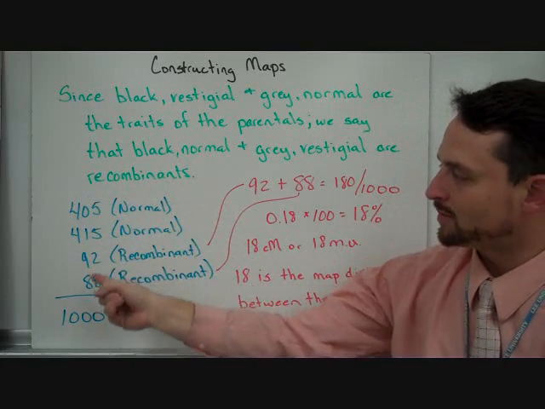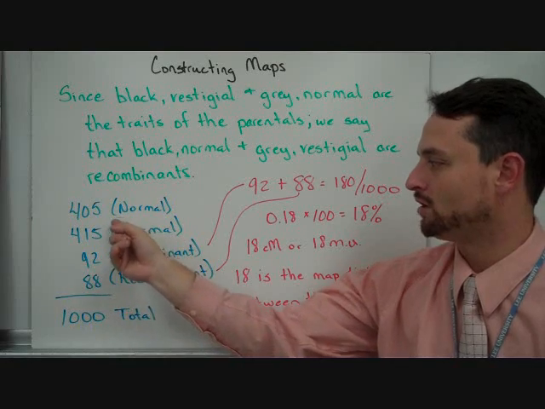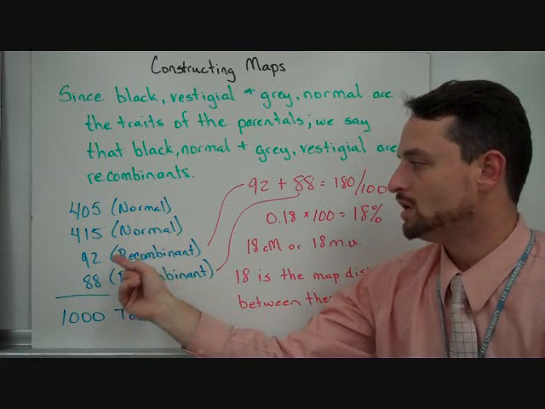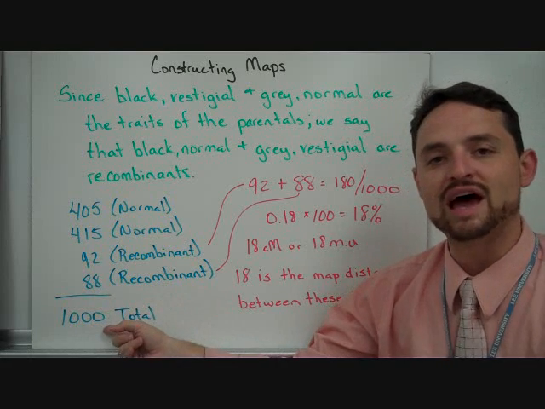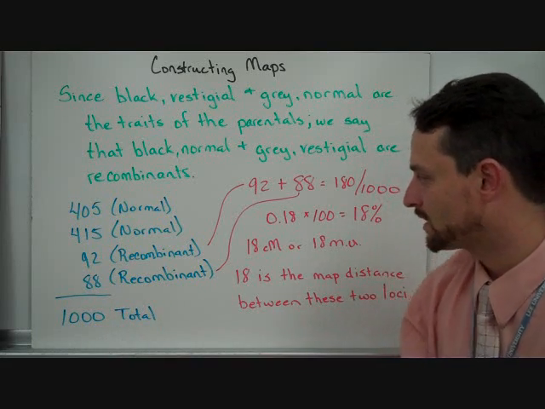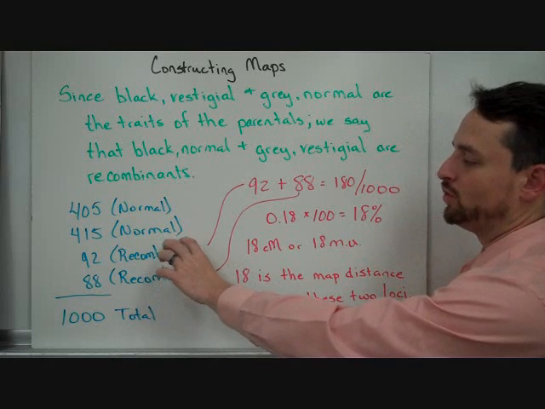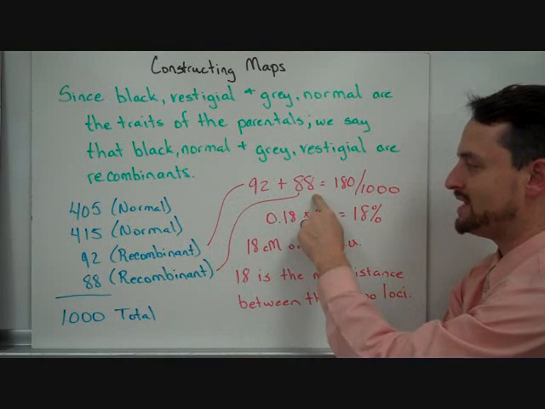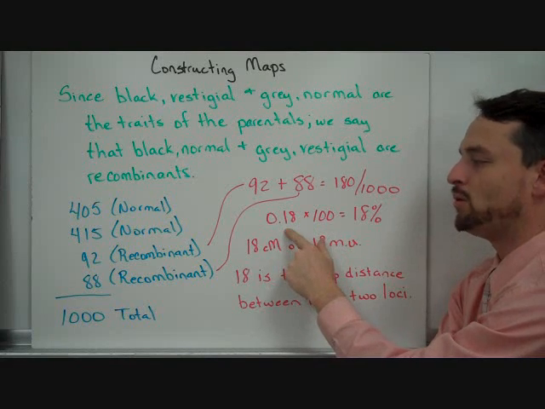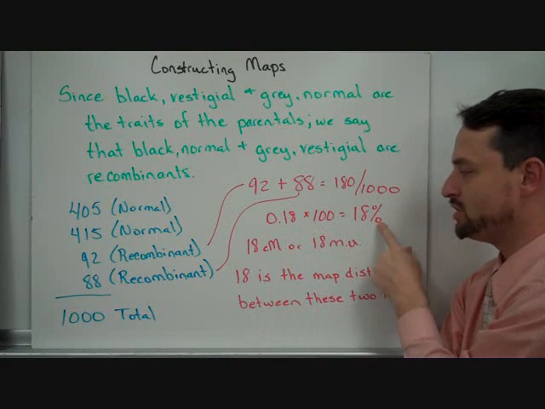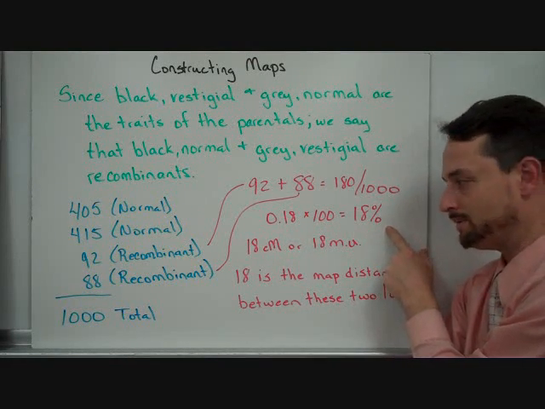In the experiment, I've just totaled this up for you again. 405 parental, 415 parental, 92 recombinants and 88 recombinants. That gives you 1,000 total fruit flies. So when you add the total recombinants together, 92 plus 88, that's 180. Divide by 1,000, that's 0.18. Multiply by 100 to get percent, that's 18%.